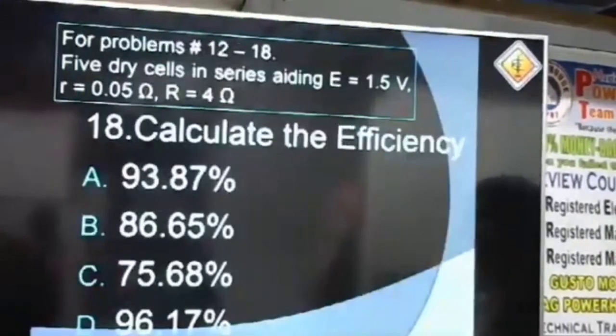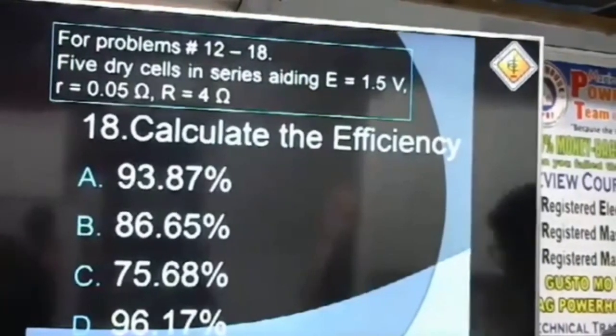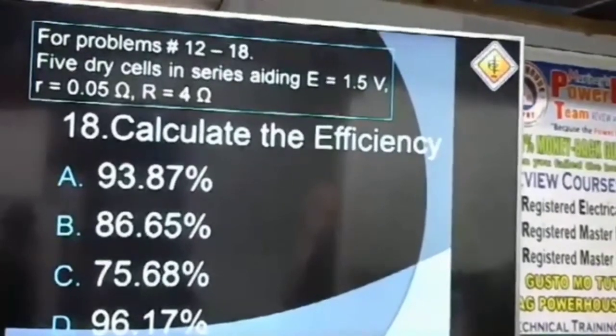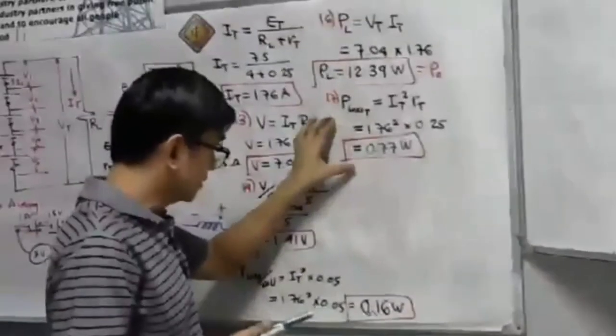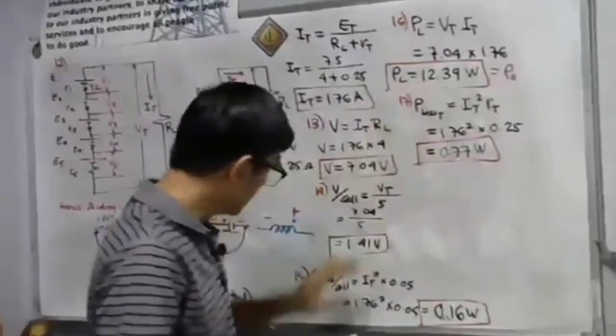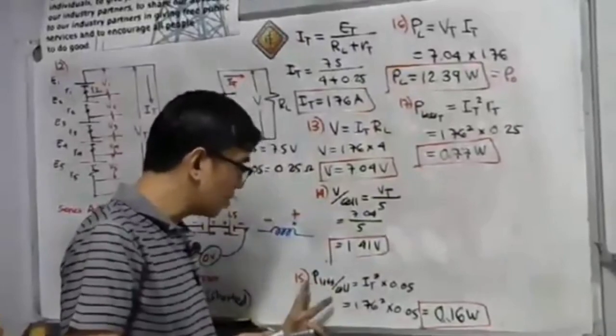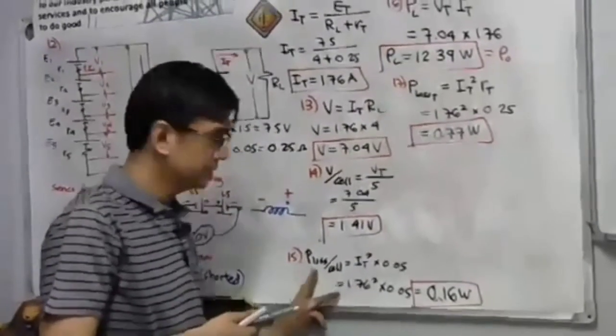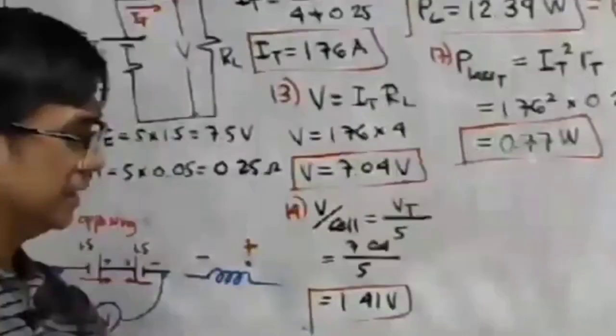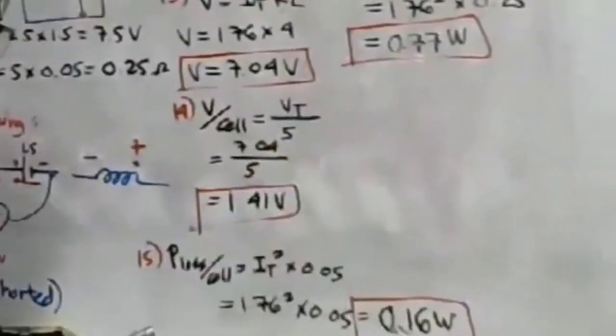For number 18, calculate the efficiency. What is the efficiency? Although you already have the power loss, the power loss can also be calculated by multiplying the power loss per cell here by 5. That will give you the same answer.